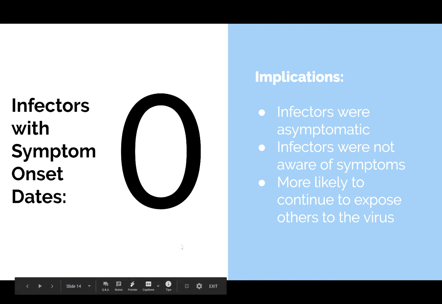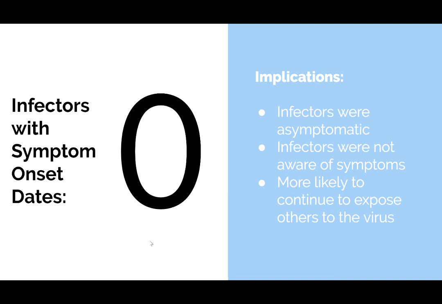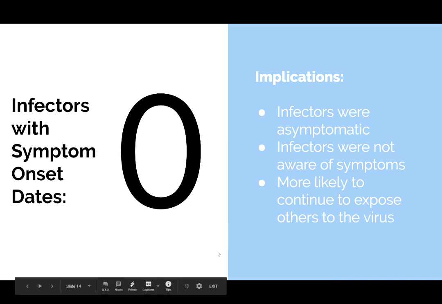And then I looked at the symptom onset dates for the infectors, and none of them had listed symptom onset dates, which is something to be aware of because this could mean that the infectors were asymptomatic or just not aware of their symptoms, which would mean that they are more likely to continue to expose others to the virus.